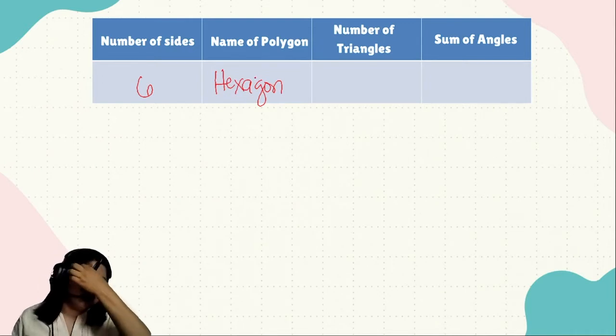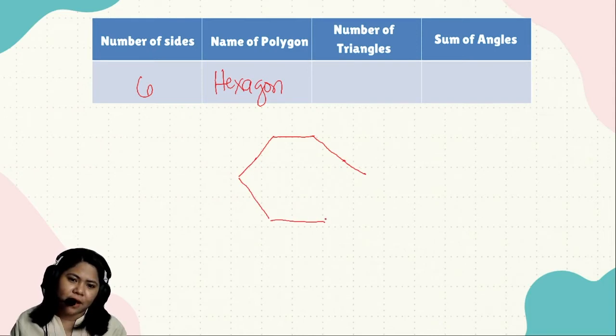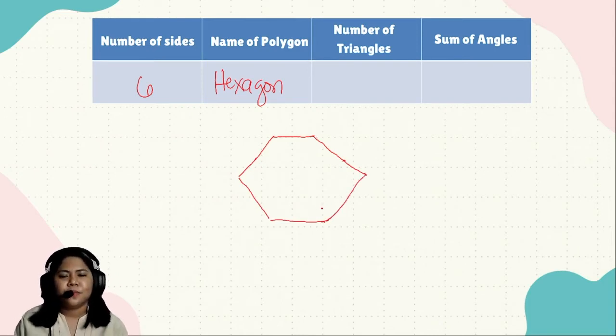Drawing tayo ng hexagon. Ba itsura ng hexagon? 1, 2, 3. Ayan, medyo lakihan ko. 4, 5, 6. Ayan. Hexagon. Ngayon, mula dito sa hexagon na to, from one of its vertices, gawa tayo ng mga diagonals, then let's see how many triangles can be formed.